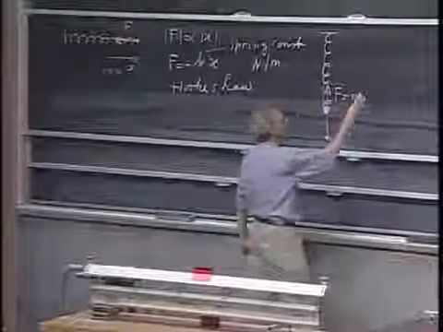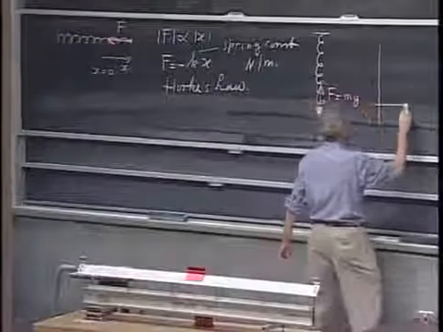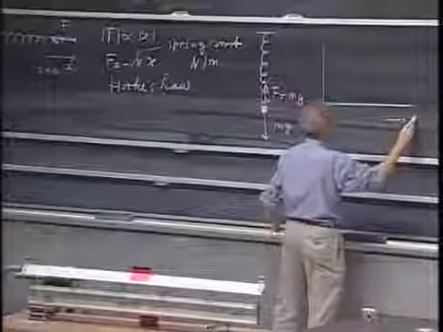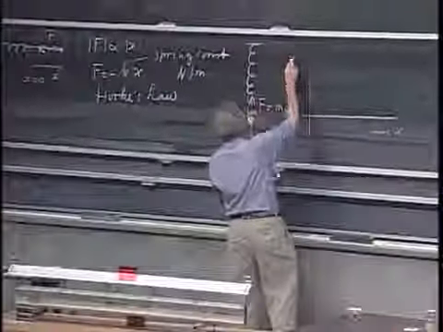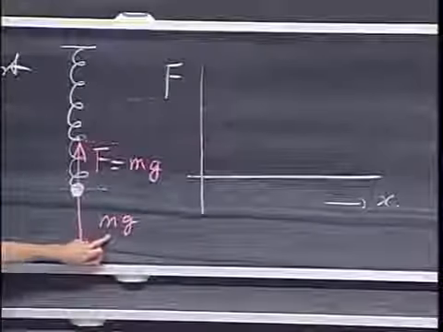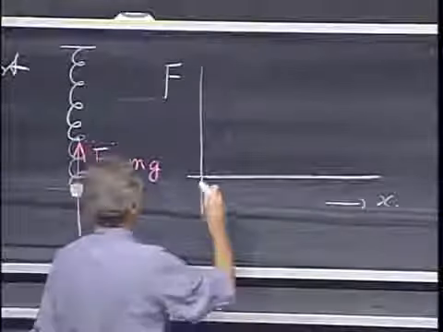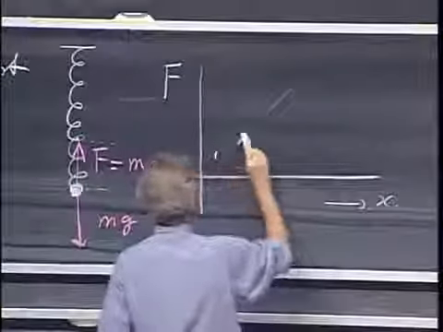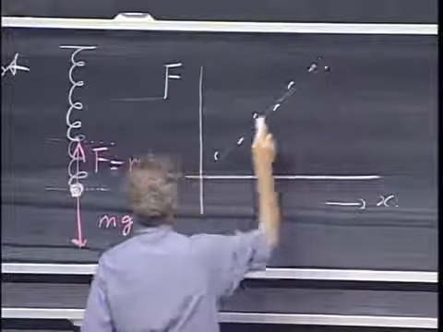And so I could now make a plot whereby I have here x, and here this force F, which I know because I know the masses. I can change the masses, I can go through a whole lot of them, and you will see data points which scatter around a straight line.